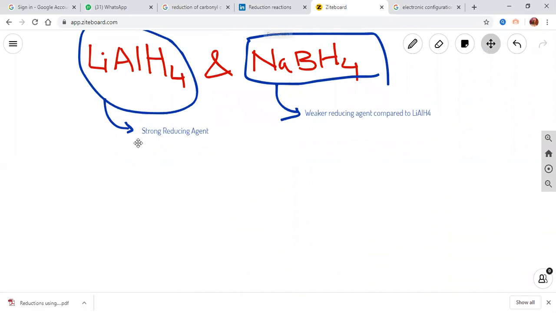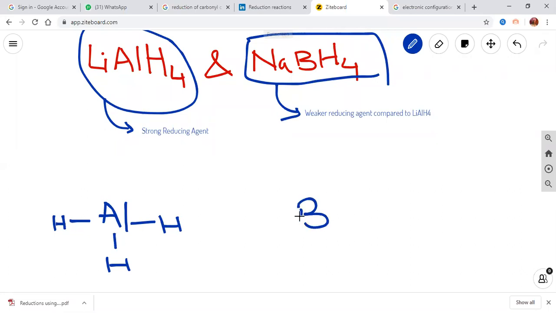Okay. We'll discuss why lithium aluminum hydride is a stronger reducing agent and sodium borohydride is a weaker reducing agent. So we'll draw the structures. Aluminium, and this is boron.